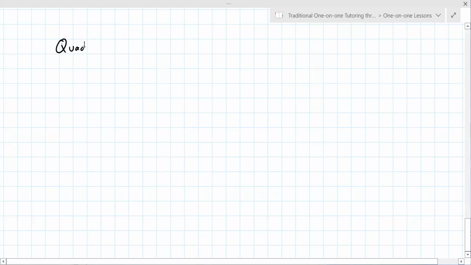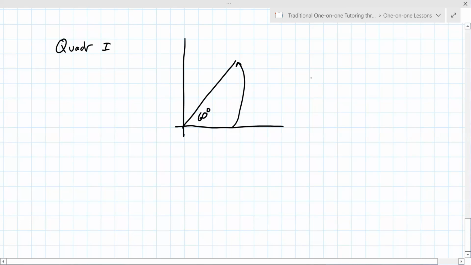Okay, so let's say you're in quadrant 1, at a 60-degree angle. The reference angle is the angle that's made with the x-axis. So in the first quadrant, it would be 60 degrees. Now let's look at quadrant 2. This is where it gets more interesting.